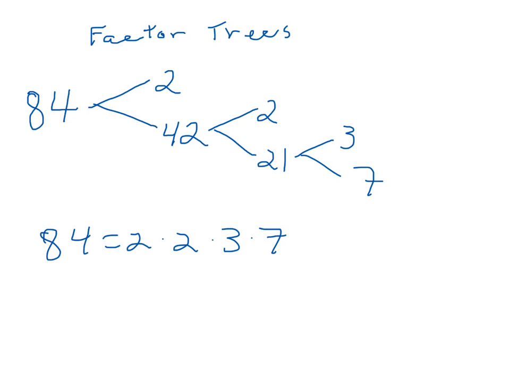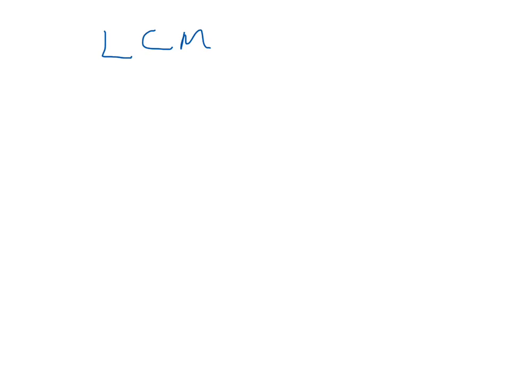Next, we use this to find the least common multiple of several numbers. The least common multiple of numbers is the smallest number which is divisible by all of them.